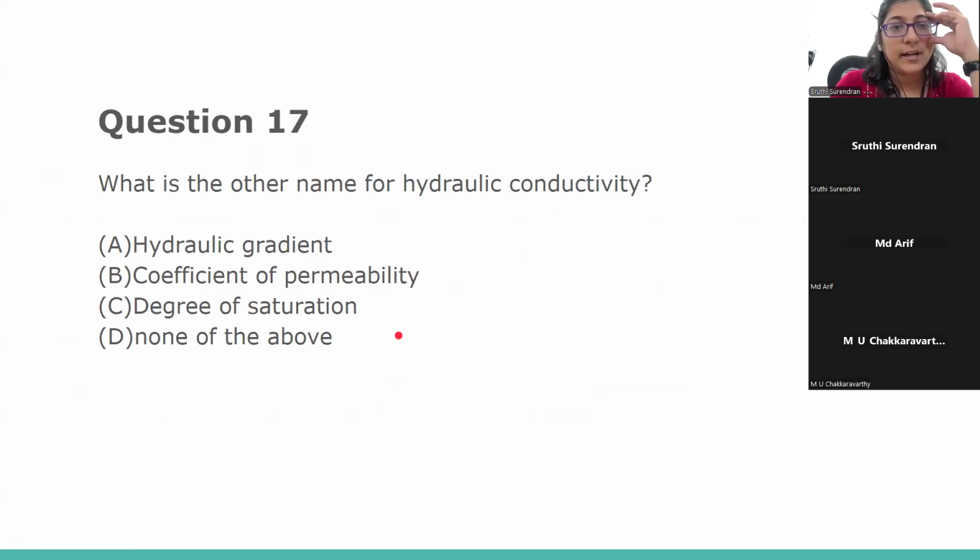Now, what is the other name for hydraulic conductivity? Again, a concept that we had discussed in earlier classes.